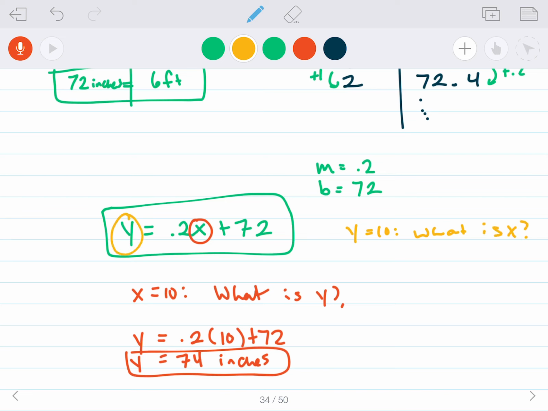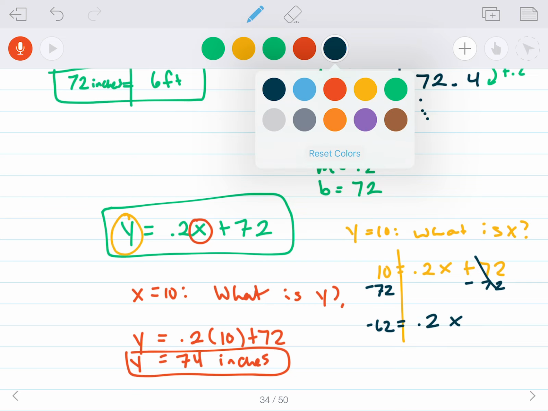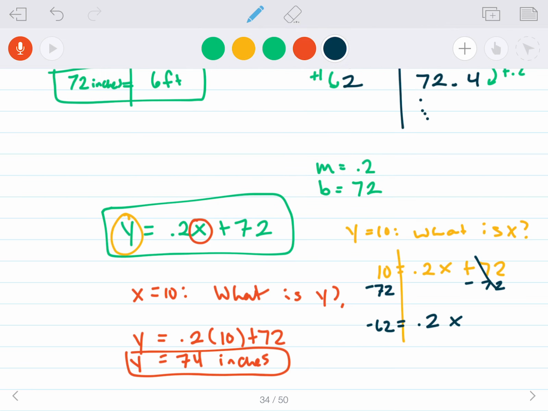Well, if we just plug in 10 into this equation, we get 10 equals 0.2x plus 72, and we can solve for x this way. So if I first subtract 72 from both sides, I get minus 62 equals 0.2x, and then I can divide both sides by 0.2 to get x alone.